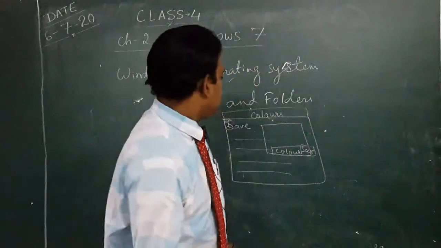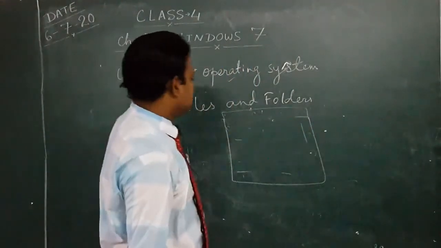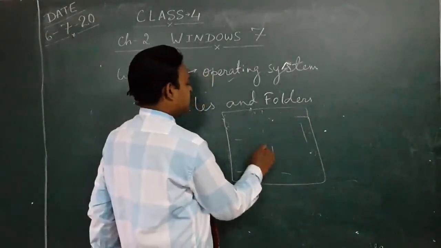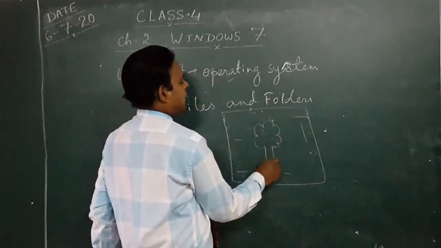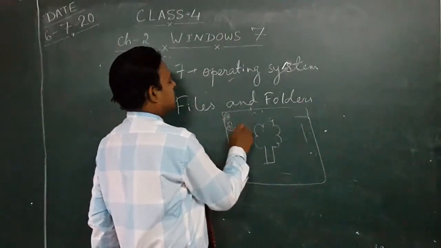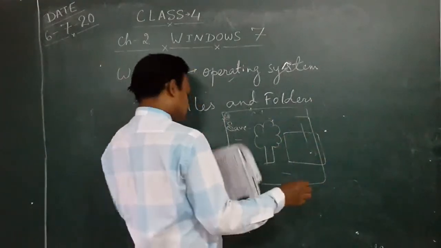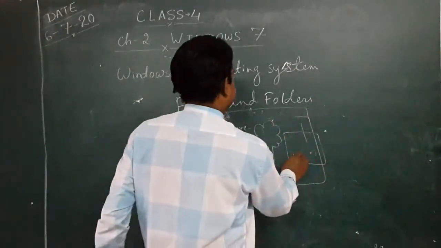In the same way, suppose I have made one drawing, this tree. I want to save this file. Click on the Office button and click on the save option. One Save As box will open up wherein you can save your file.